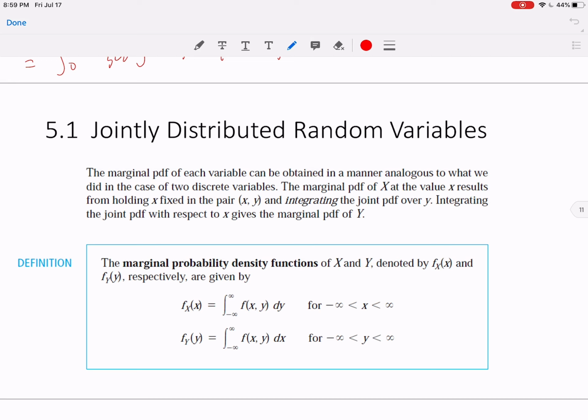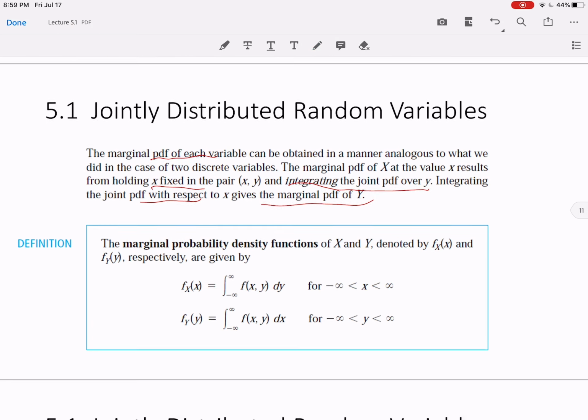The marginal PDF of each variable can be obtained in a manner analogous to what we did in the case of two discrete random variables. The marginal PDF of x results from holding x fixed in the pair x and y and integrating the joint PDF over y. Integrating the joint PDF with respect to x gives the marginal PDF of y.